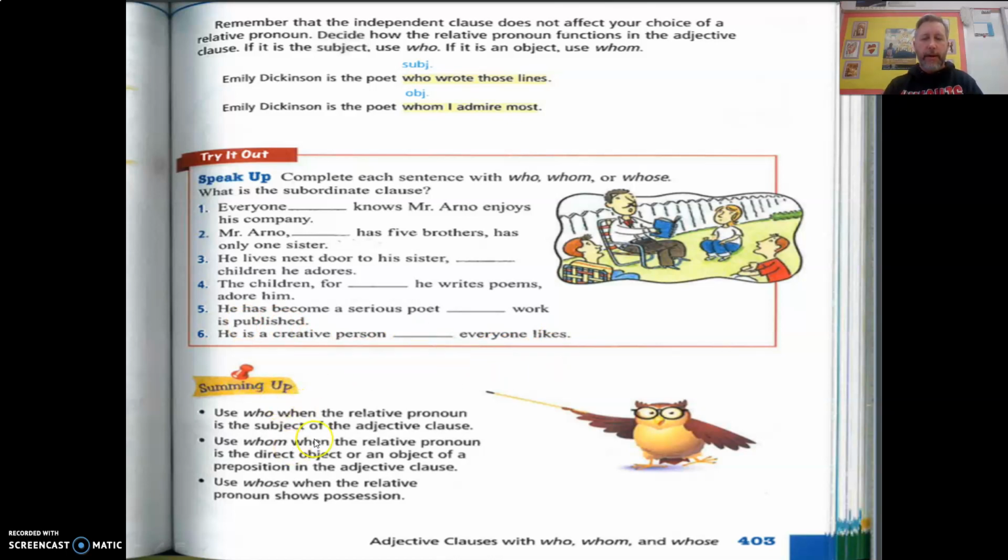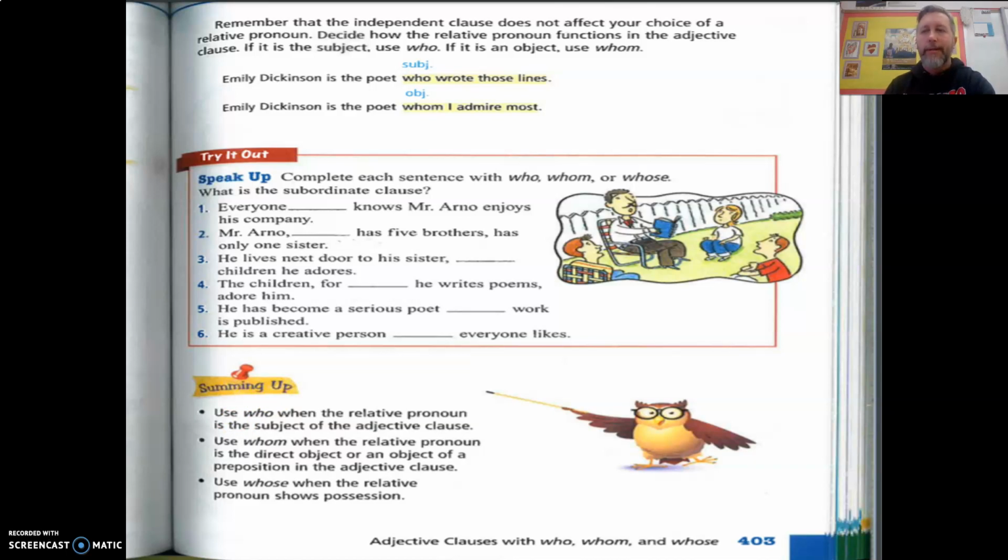All right, so let's sum it up with the magic wand wielding owl with the Harry Potter glasses. Use who when the relative pronoun is the subject of the adjective clause. Use whom when the relative pronoun is the direct object or an object of the preposition in the adjective clause.